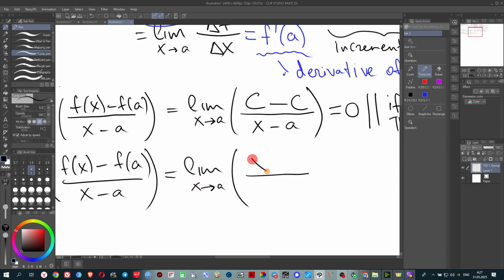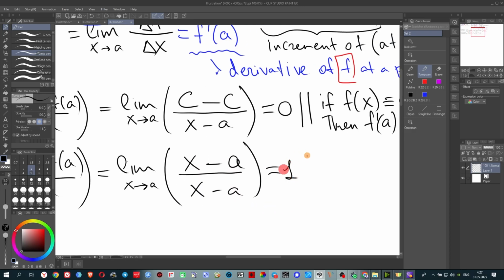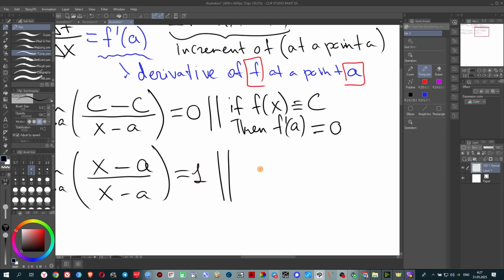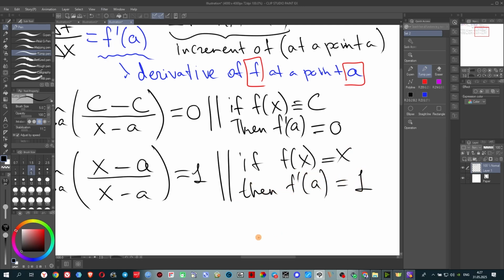Exactly. x minus f of a is a, and here x minus a. What is the value of such limit? 1. Perfect. Okay, and our conclusion: if f of x equals x, then f prime of a equals 1 for any a.